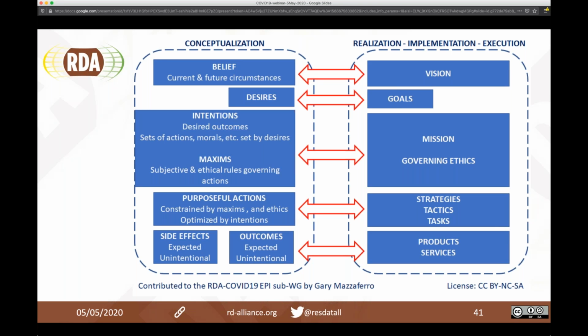But in the end, what we need for our users and clients, the people we're talking to, our stakeholders, is something tangible and concrete that can be implemented and executed. So we're trying to move from the left-hand side of conceptualization to something more practical on the right-hand side. We found this very helpful, so I thought I would share it with the rest of you if you find it equally useful.